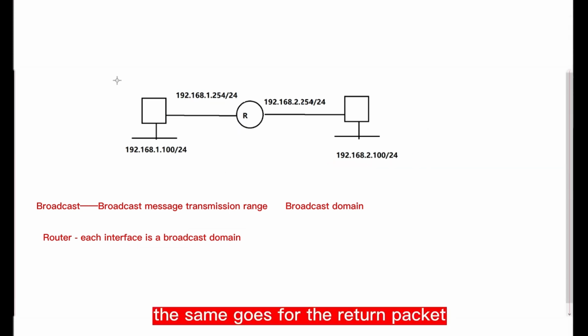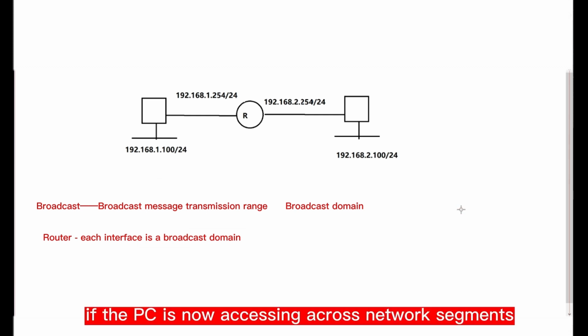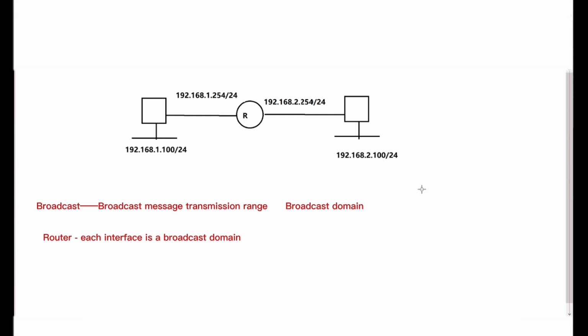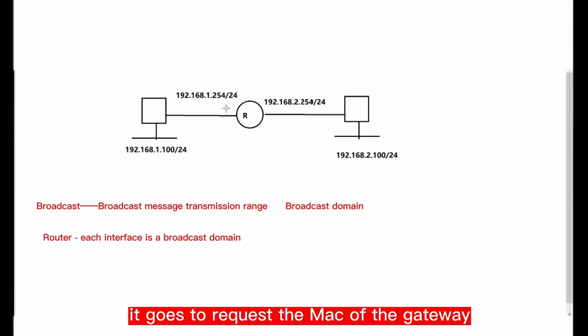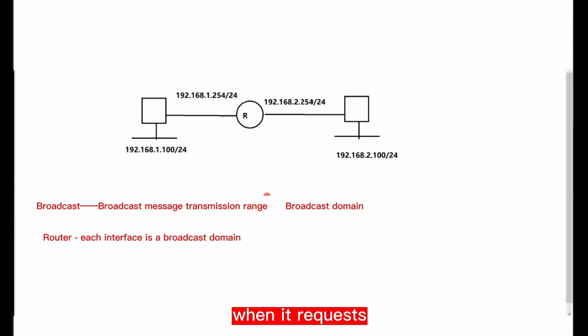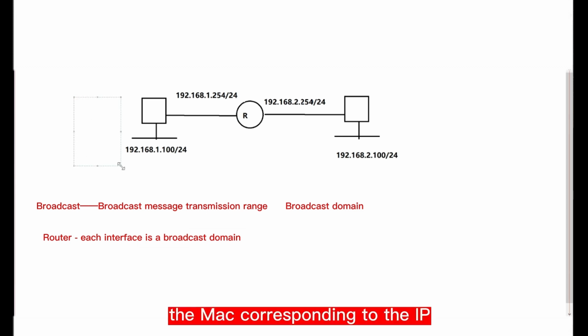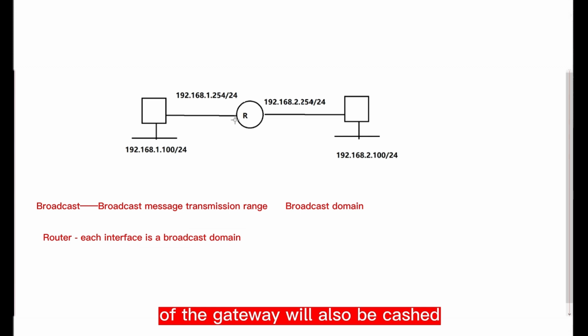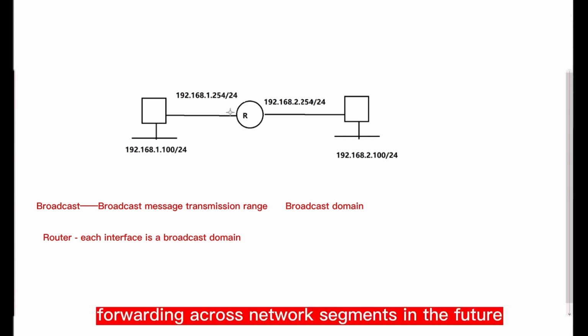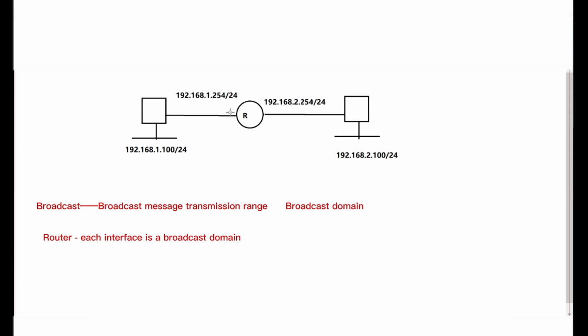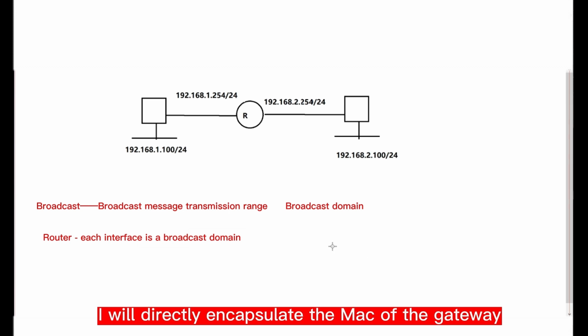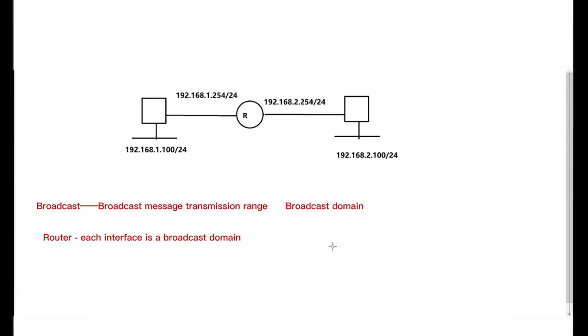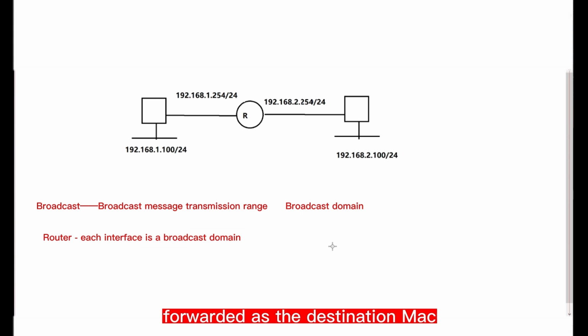The same goes for the return packet. If the PC is accessing across network segments, it goes to request the MAC of the gateway. When it requests, the MAC corresponding to the IP of the gateway will also be cached in the local ARP cache. For forwarding across network segments in the future, I will directly encapsulate the MAC of the gateway as the destination MAC.